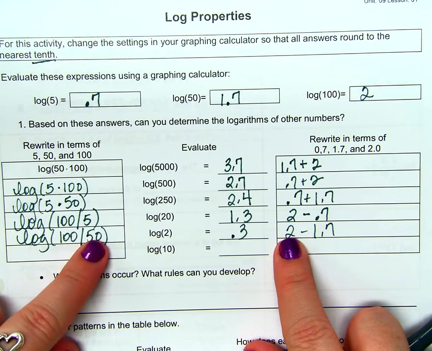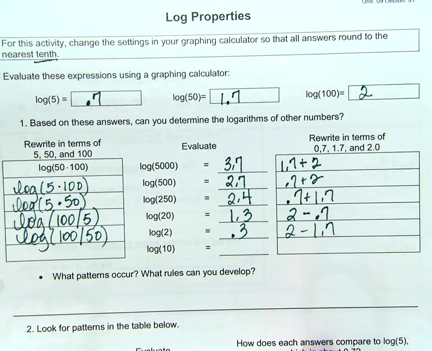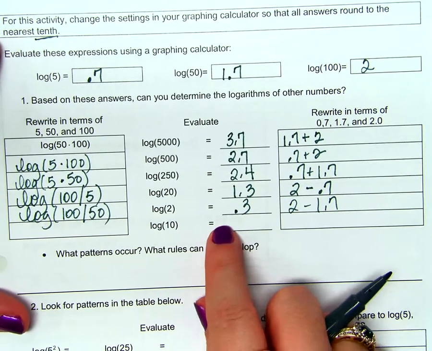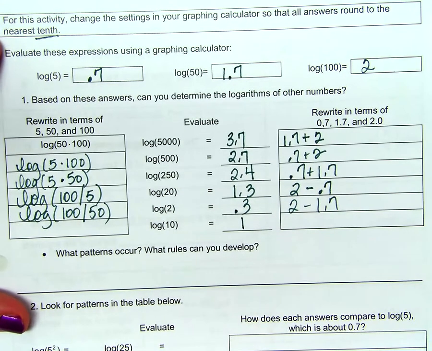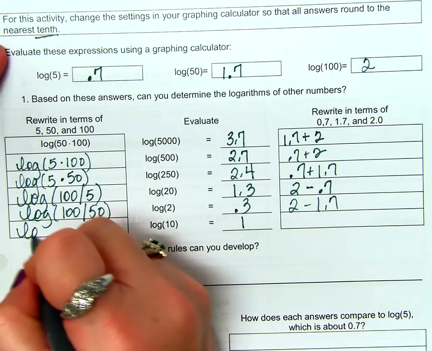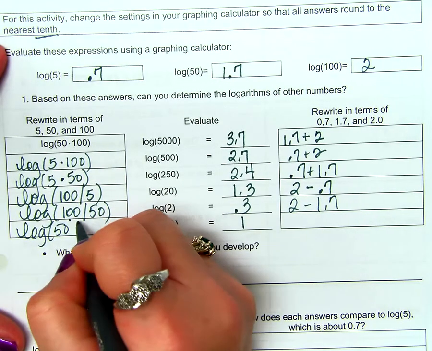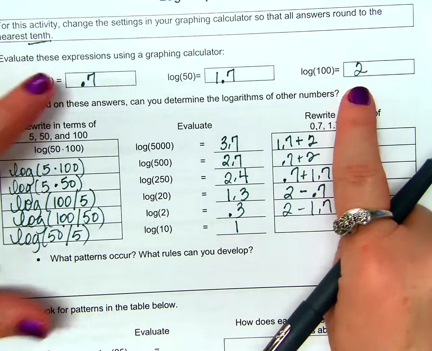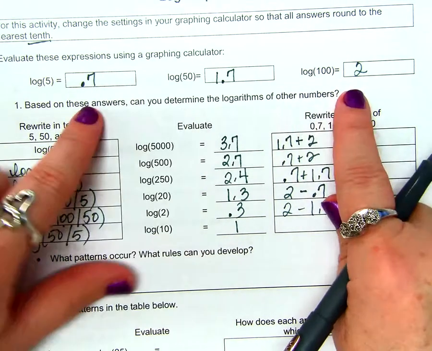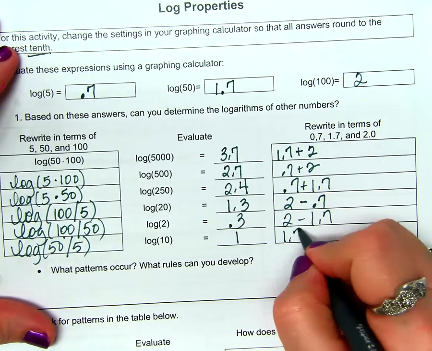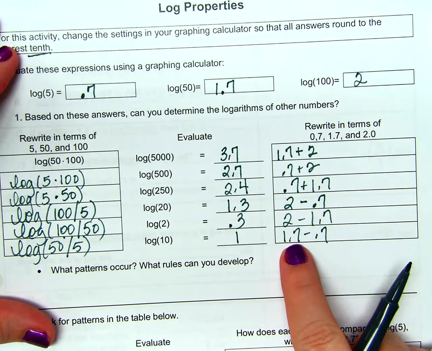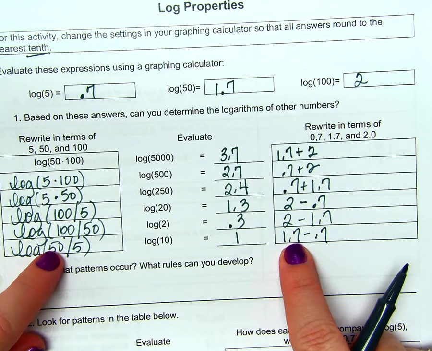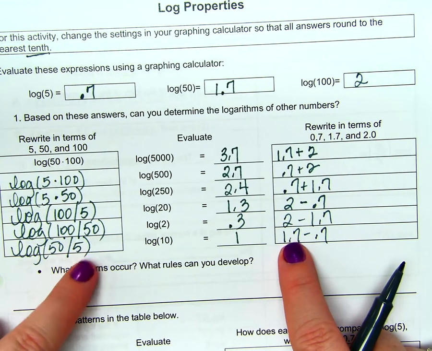What's the log of 50? What is log of 10? So log of 50 divided by 5. How could I rewrite 1 using these three? 1.7 minus 0.7. What's the log of 50? 1.7. What's the log of 5?